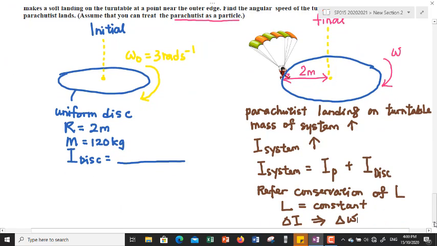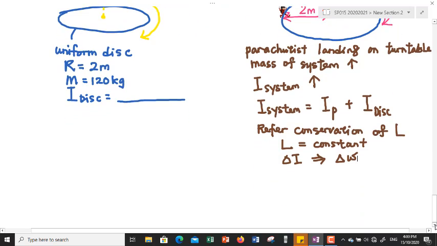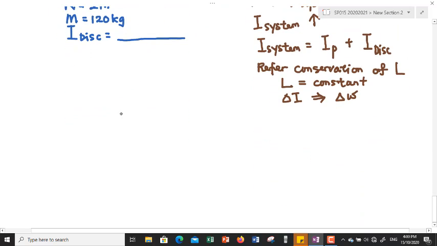So how are we going to find the angular speed of the turntable after the parachutist lands? We are going to apply conservation of angular momentum. Total angular momentum initial equals total angular momentum final.